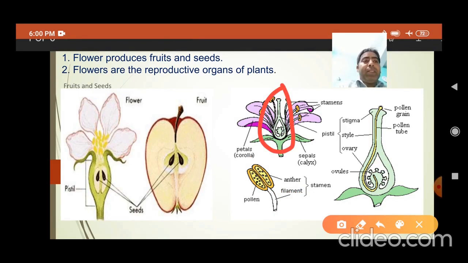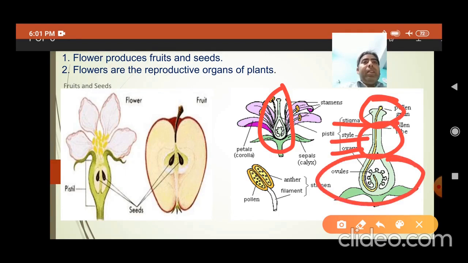It is made up of three parts, that you can see here: stigma, style and ovary. The upper part is the stigma, the middle part is the style, and the lower part is the ovary. The swollen part at the bottom of the pistil is the ovary.